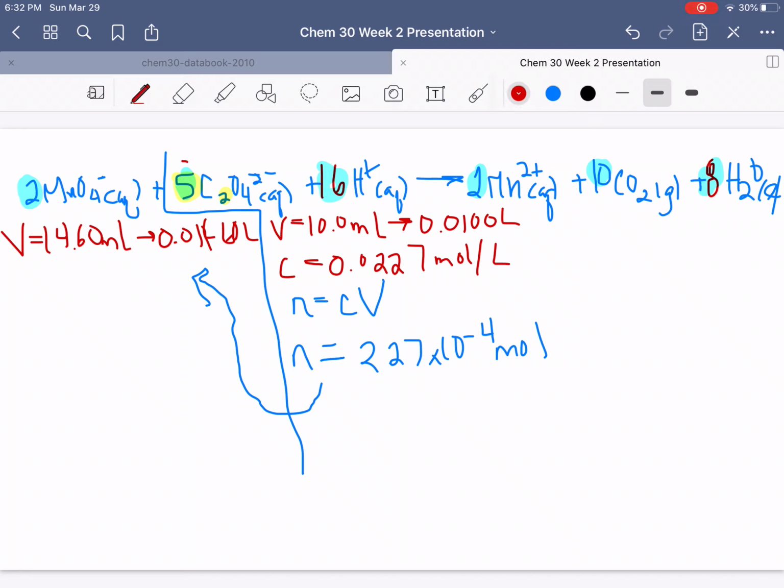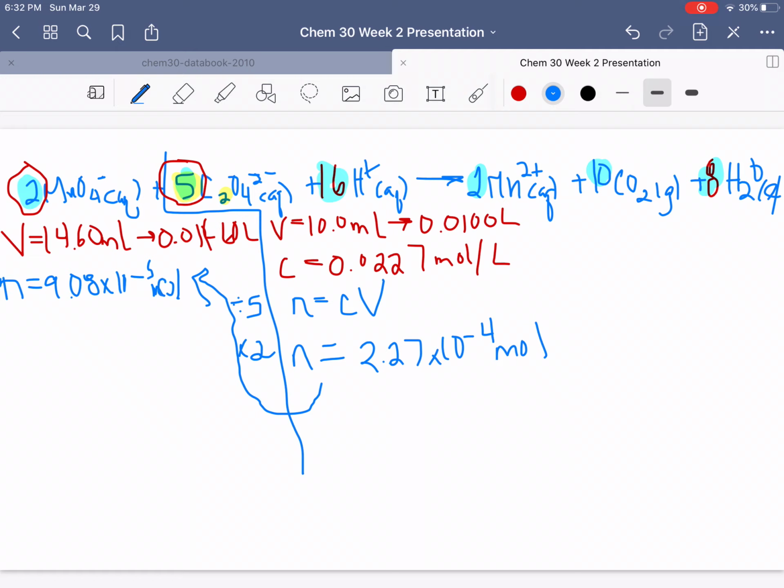Make sure that you think there are 5 moles of C2O4 2 negative for every 2 moles of MnO4 negative. So the shortcut to figure that out is we take it, divide it by 5 and times by 2. Okay, so 2.27 times 10 to the negative 4 divided by 5 times 2, n is going to be equal to 9.08 times 10 to the negative 5 moles.